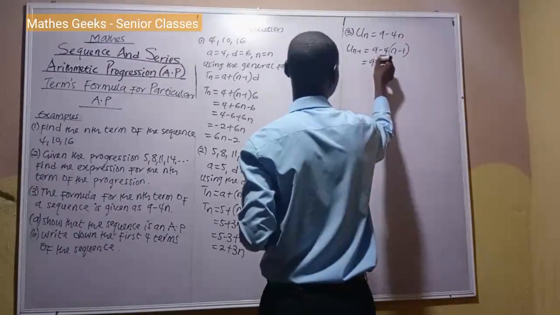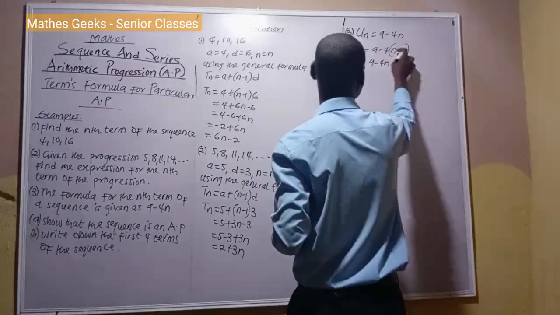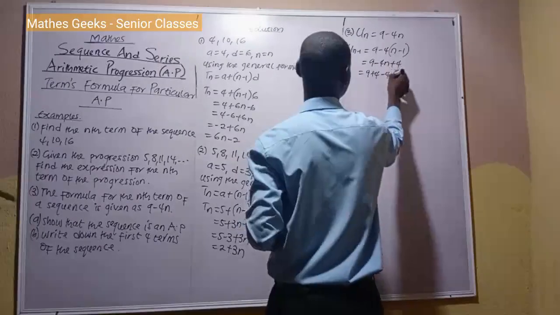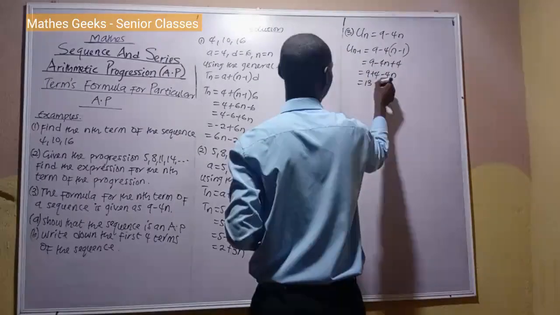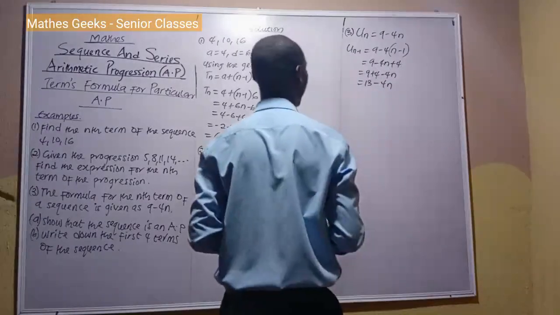So you expand: 9 minus 4 times n gives minus 4n. Minus 4 times minus 1 gives plus 4. 9 plus 4 minus 4n is equal to 13 minus 4n.